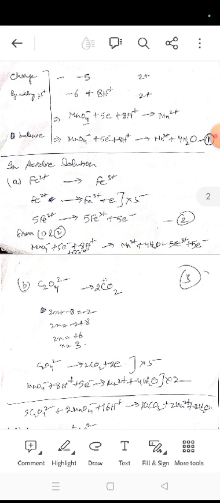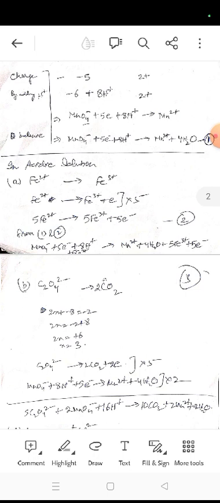On the right hand side, CO2 is neutral, so carbon is in the plus 4 oxidation state. On the left hand side, in the oxalate ion C2O4 2-, let the oxidation state on the carbon be x. So 2x plus minus 8 is equal to minus 2, 2x is equal to minus 2 plus 8, so x is equal to 3. So carbon on the left hand side is in the plus 3 oxidation state.